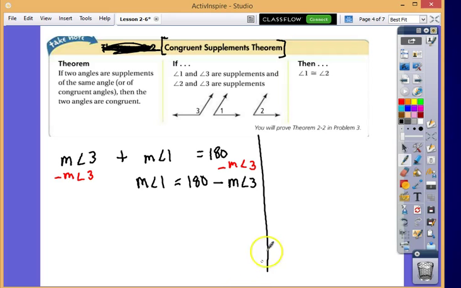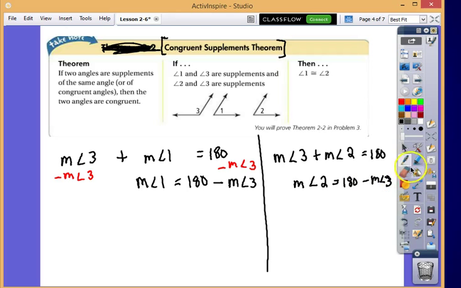All right. Then the measure of angle 3 plus the measure of angle 2 is also going to be 180. Why? Because angle 2 and angle 3 are supplements. So if I were to subtract angle 3 from both sides, I would have the measure of angle 2 is equal to 180 minus the measure of angle 3.